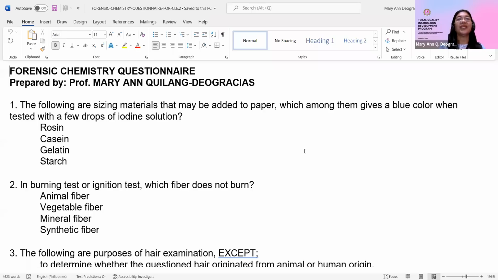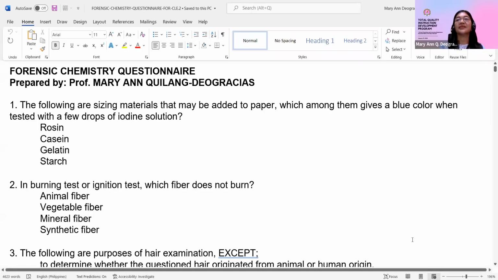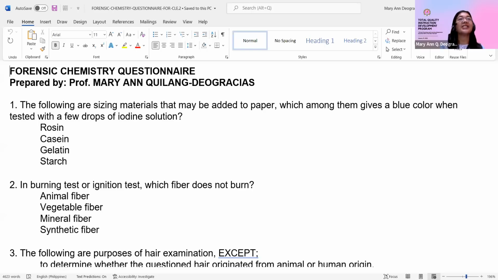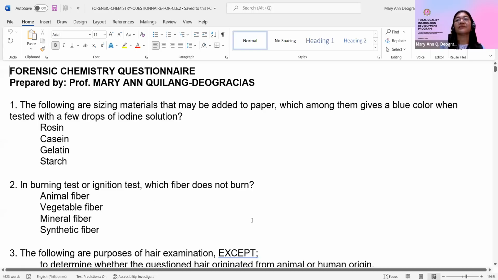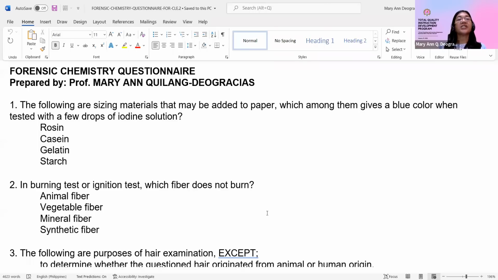Alam nyo ba ang sagot dito? Okay, the answer is starch. So starch ang sagot dyan because starch, which is used as a sizing material in paper, is usually tested with iodine solution.